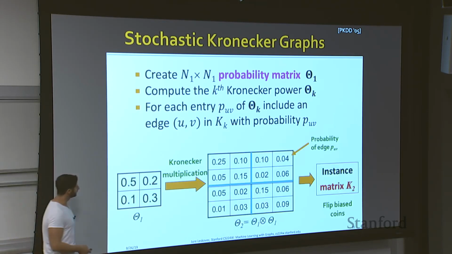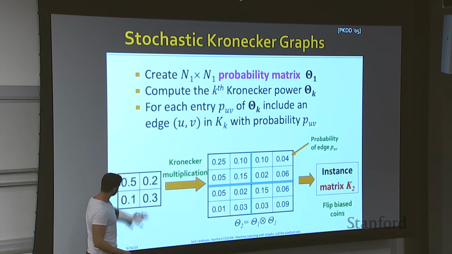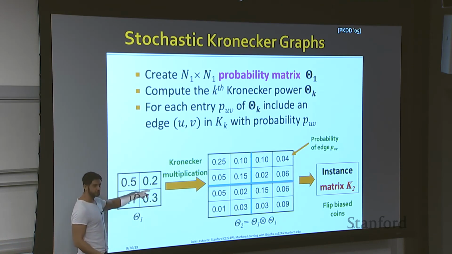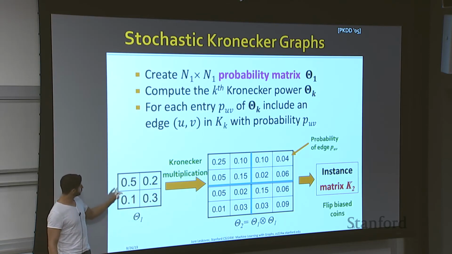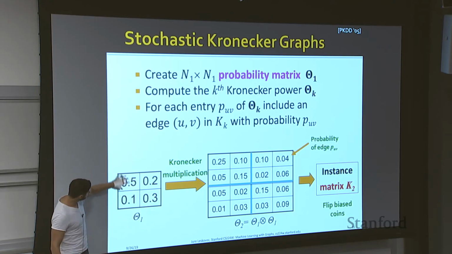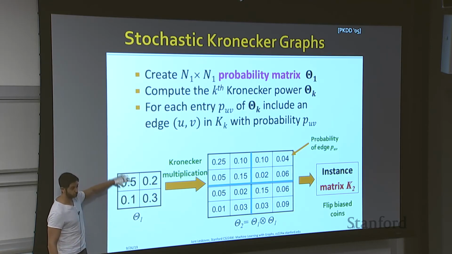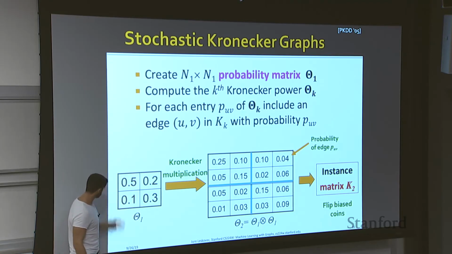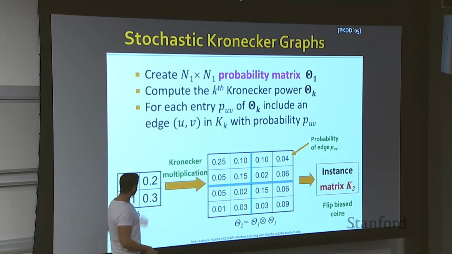And the way in which we do that is, this is our initial theta1. These are probabilities. Notice that they don't have to sum to 1, okay? Each element has to range between 0 and 1, but this is the probability that that edge exists. So they don't have to sum to 1. In fact, here this is 1.1. And then we do the standard Kronecker product, as I said before. So from theta1, we go to theta2.